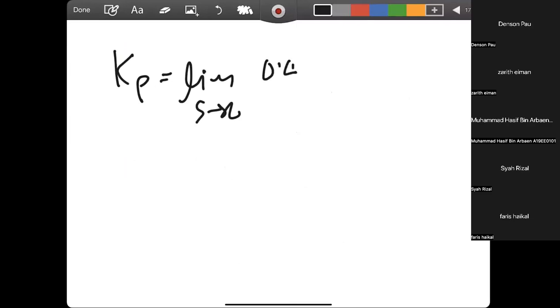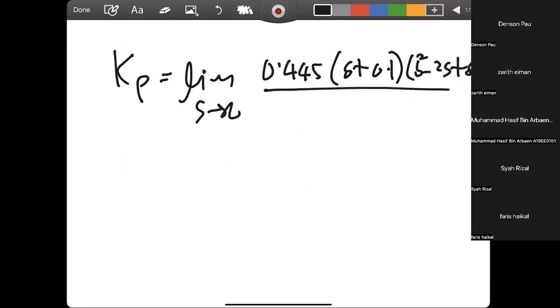The gain is 0.445, then S plus 0.1 is the zero at the origin, then S squared minus 2S plus 8 has complex conjugate zeros, with complex conjugate poles and a pole at minus 4.